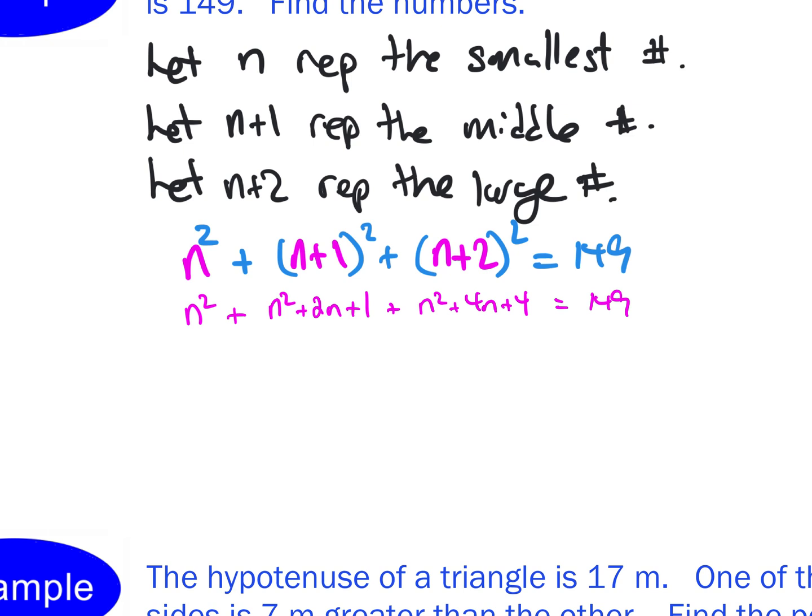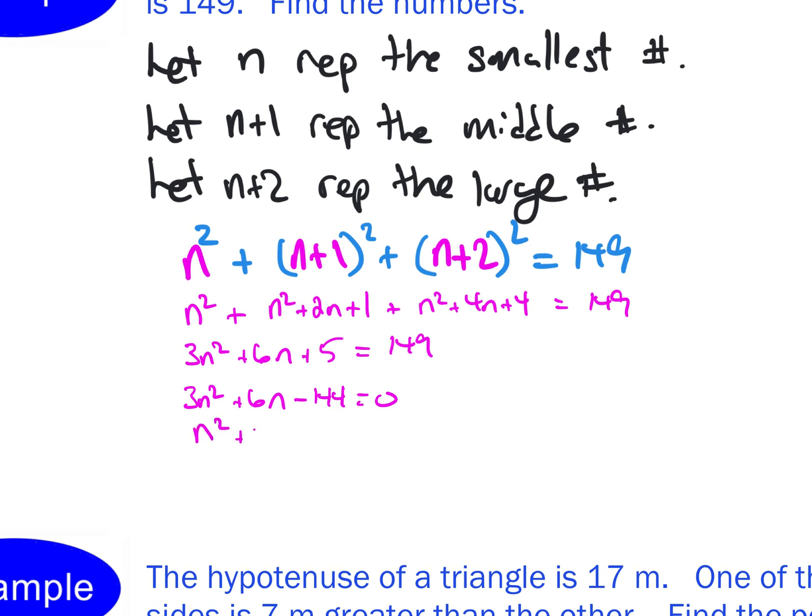We are going to collect our like terms. 3n squared plus 6n plus 5 equals 149. 3n squared plus 6n. Then we're going to take 5 and subtract 149, which comes over here and becomes negative. And when we do that, we get minus 144 equals 0. And then we can divide everything by 3.